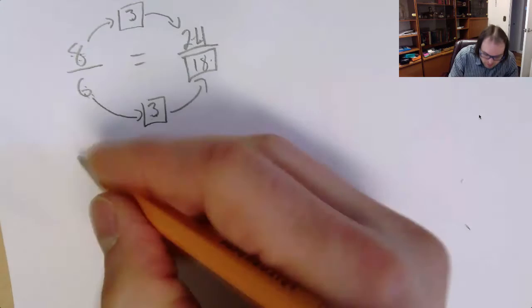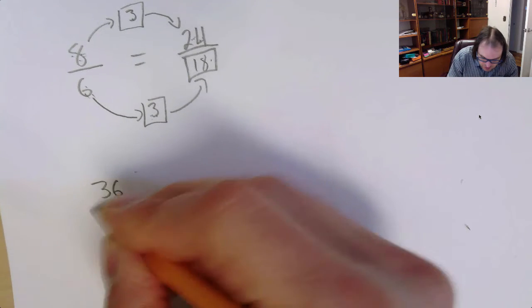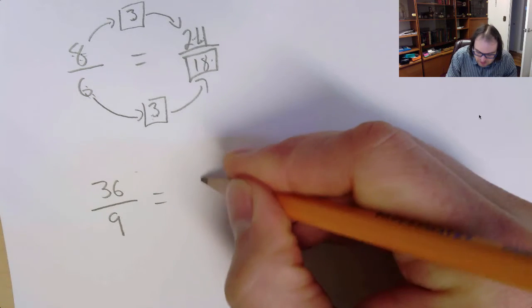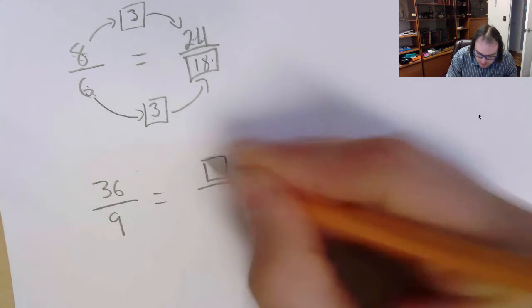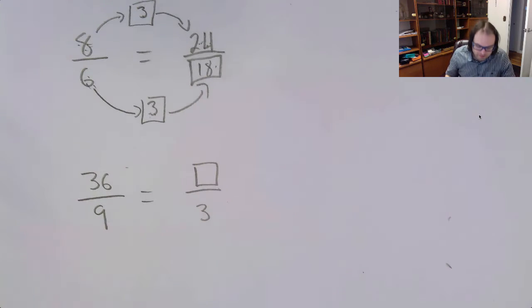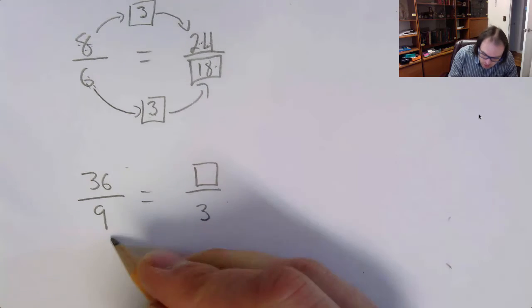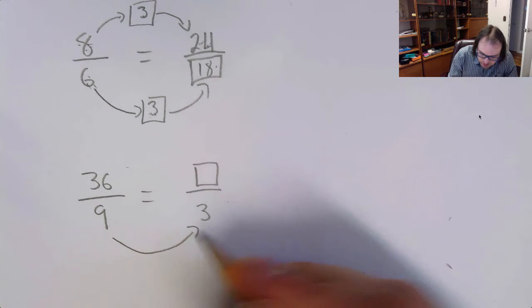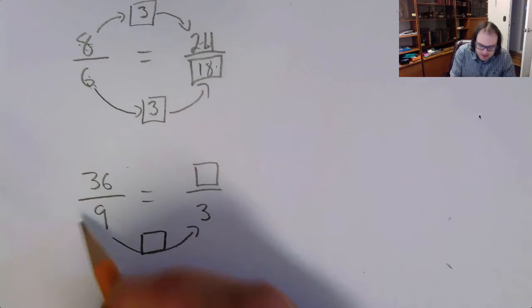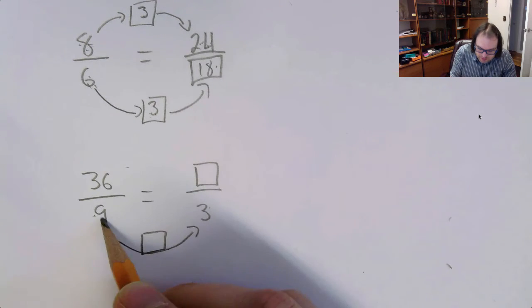Let's try this one. I'm going to have 36 over 9 is equal to something over 3. All right. Well, once again, I'm going to look at it this way. We have one part here where we know. Now, what am I doing here to get this 9 to be 3? Well, this is the bigger, this is the smaller.